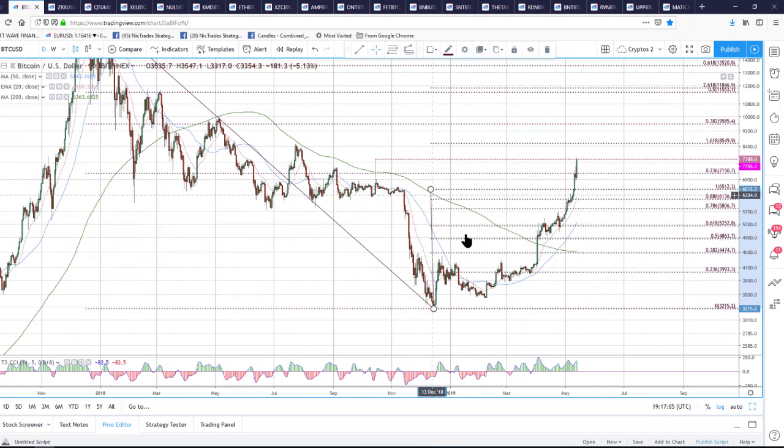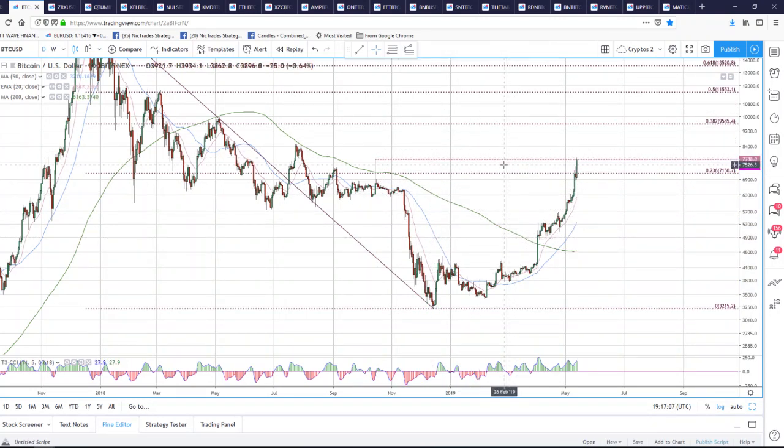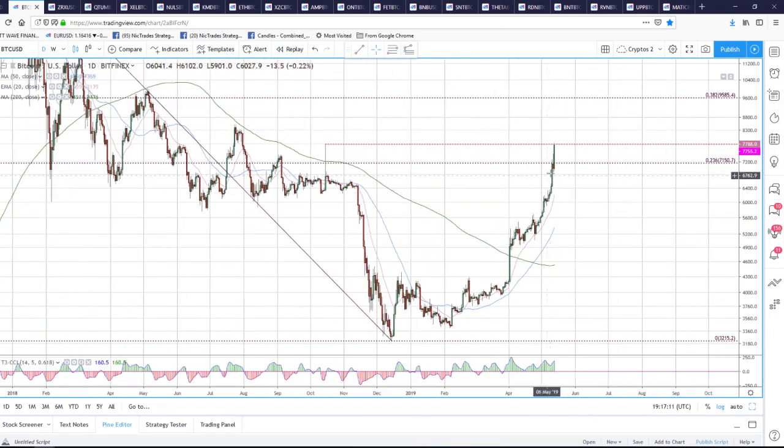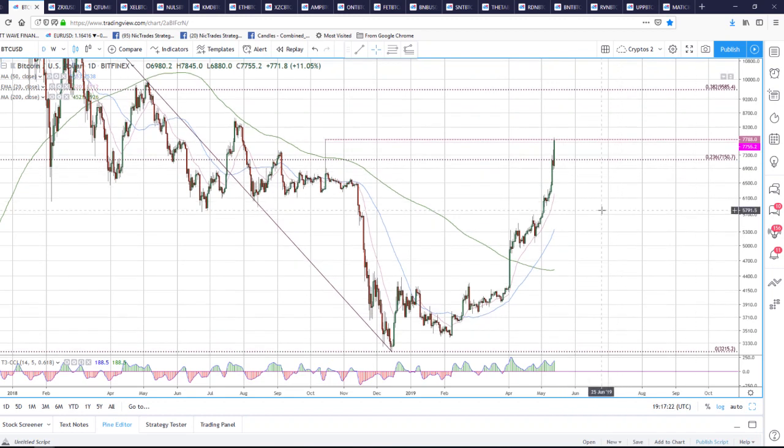So I'm going to say that this 7,700 level is important, and potentially, having blown everybody out who tried to short at the 236 fib, this may be where we pause and come back and retest this 7,150, 7,200 area. Maybe.